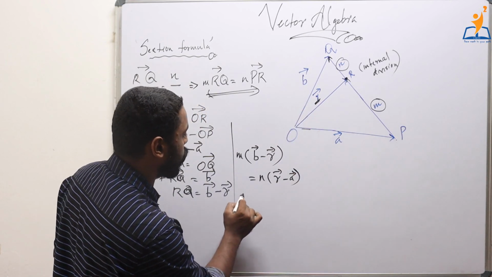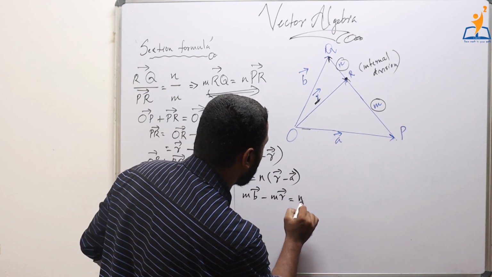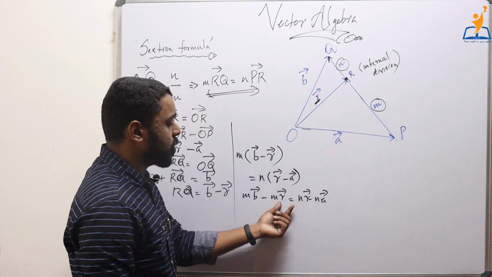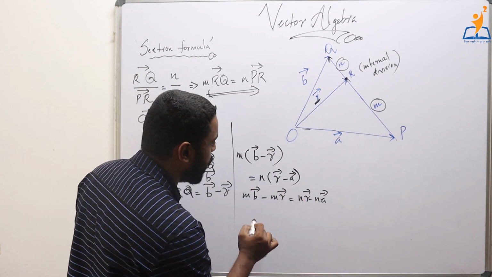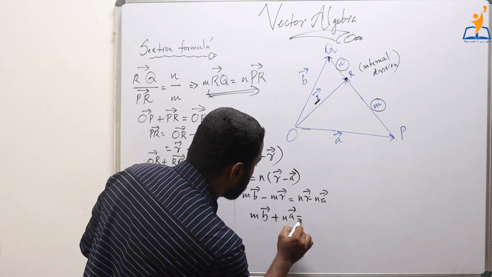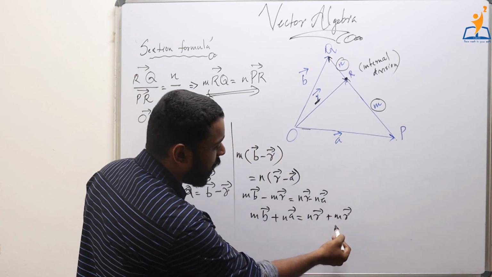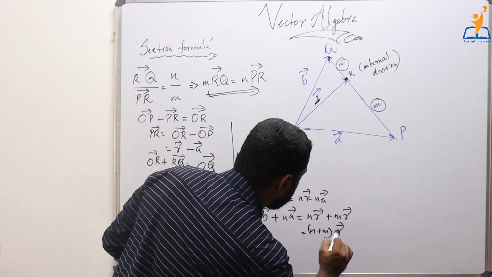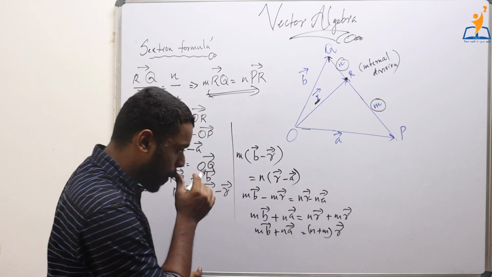So, R is equal to MB minus MR is equal to NR minus NA. We can associate those two terms containing R, and hence evaluate R. So, we have MB plus NA is equal to NR plus MR. We can take R outside, it will become N plus M into vector R. So, MB plus NA is equal to this.